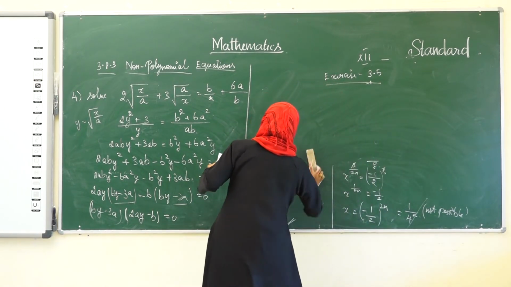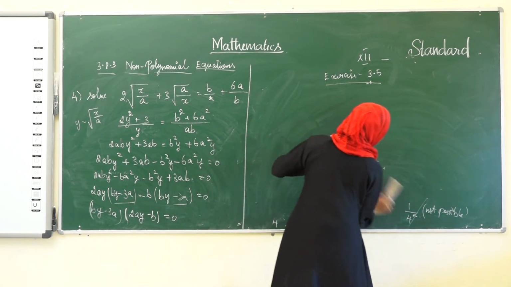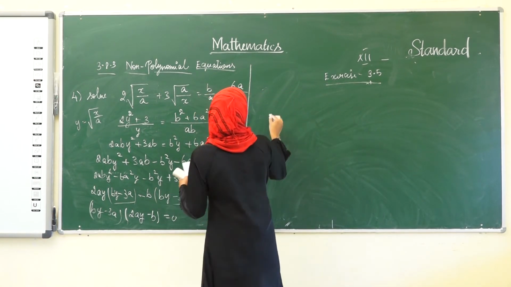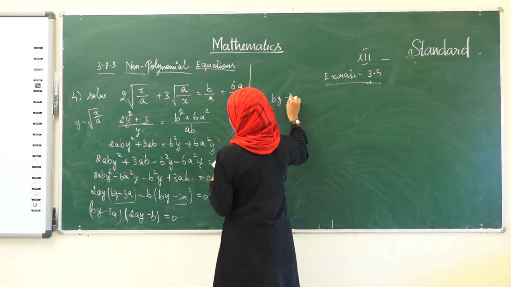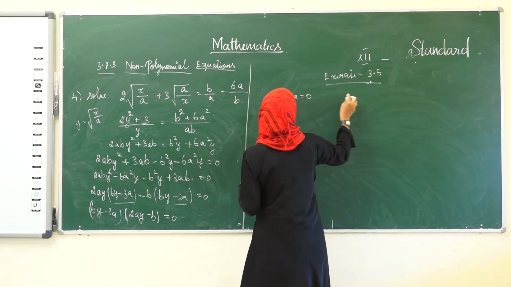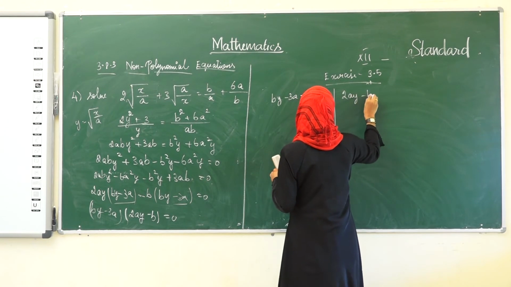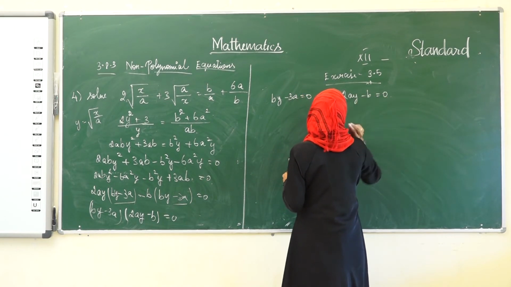See here what we have got: we are going to get two values of y, right? We got two factors here, that is b y minus 3a is equal to 0, and here 2ay minus b is equal to 0.